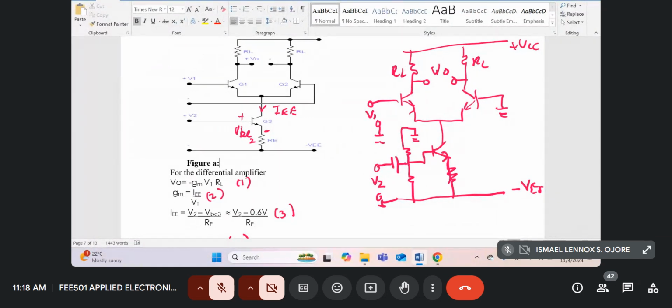So this second circuit which I've drawn over here is essentially the same as that of figure A. In figure A, V2 can only be positive with respect to minus VEE. You can multiply DCs, but also there'll be a large error because the GM IEE there is V2 minus VBE over RE.